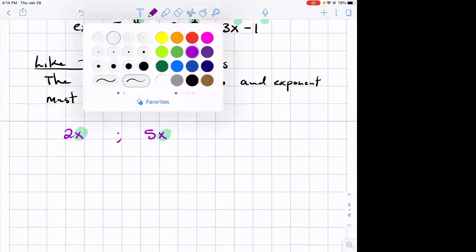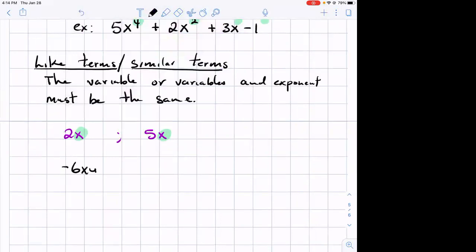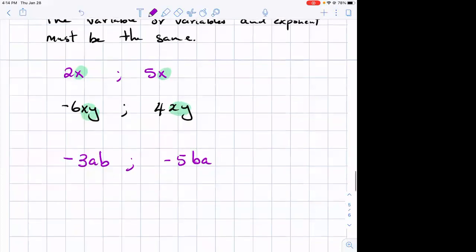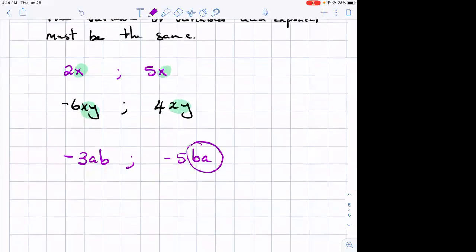Okay? If we have minus 6xy and 4xy, these are like terms because the variable here is xy, the variable here is xy. Now pay attention to my next example. If we have minus 3ab and minus 5ba, this may not look like like terms, but they are. Okay? Because notice that generally when we write, we don't write BA.